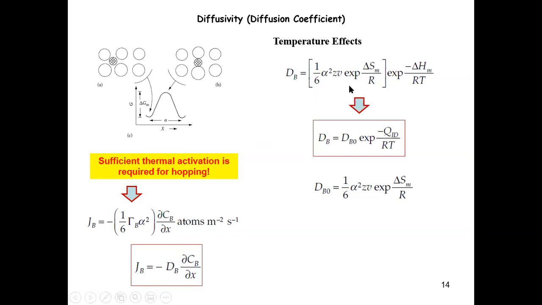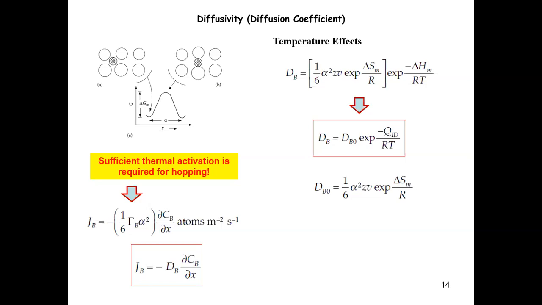So we spent some time to look at what information is encoded here, and we derived this equation, which tells us that this diffusivity depends on temperature through the Boltzmann factor, and then there's a temperature-independent constant related to the material structure and also some aspect of the enthalpy of mixing of the system. And the diffusivity and its temperature dependence is totally accessible via experiments. Okay, so that's Fick's first law.